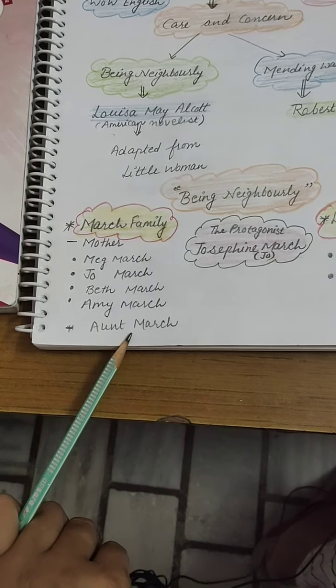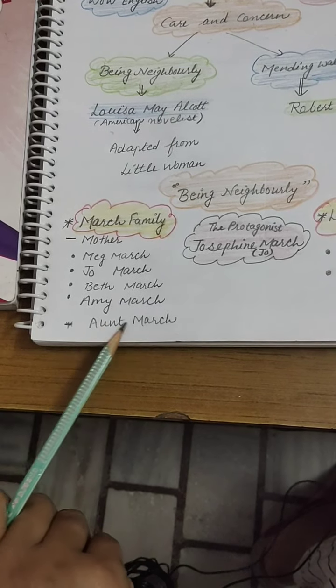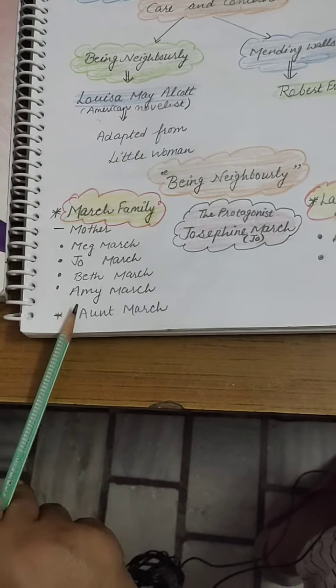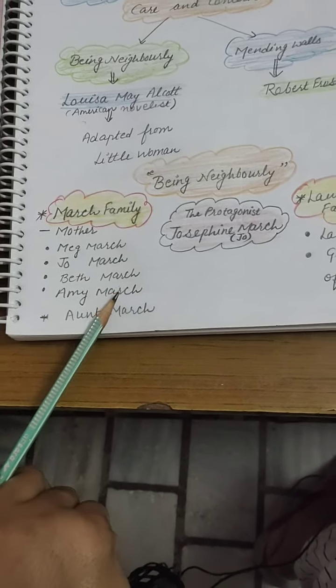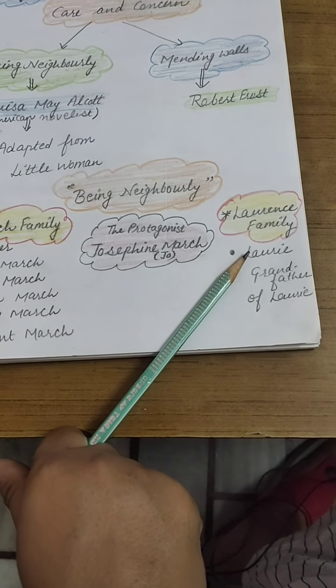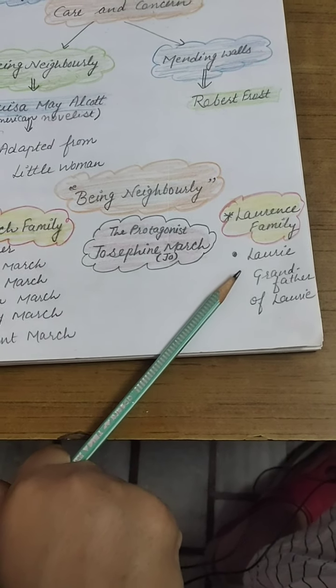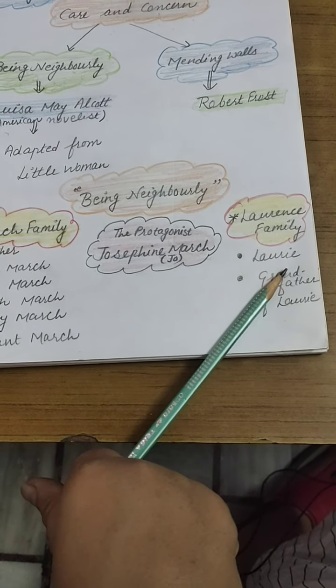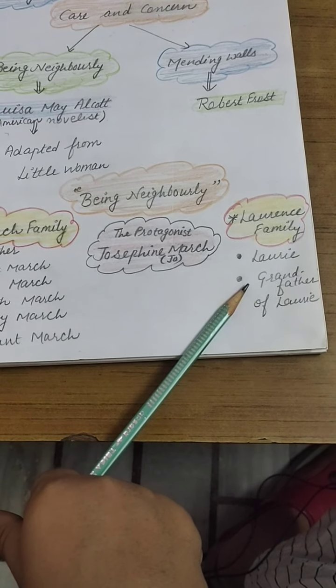And in this story we will read about Aunt March also, one of the relatives of the March girls. And when we talk about the second family, Lawrence family, there we will come to know about the 2 characters, Laurie Lawrence and his grandfather.